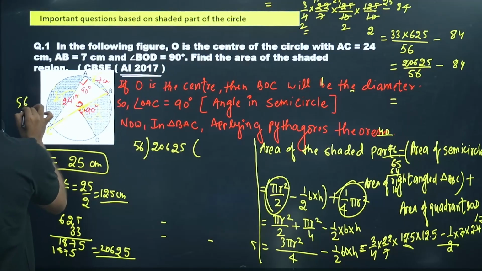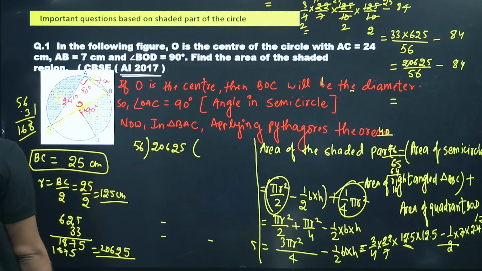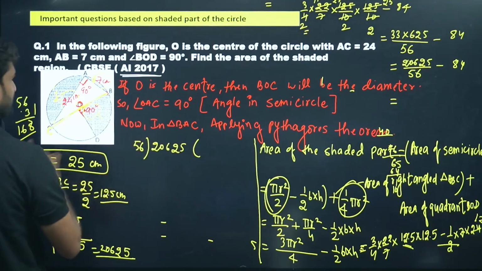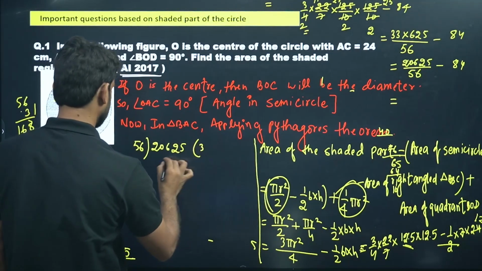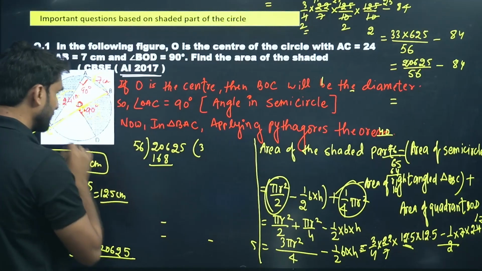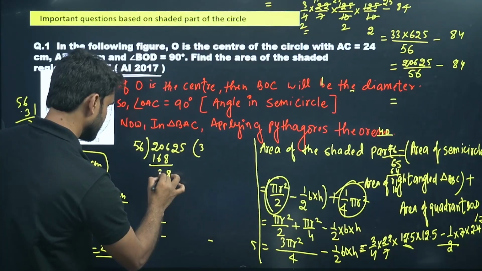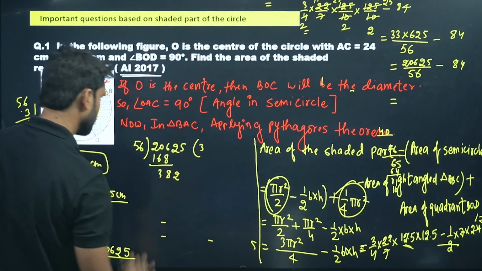5, 6, 3, 18, 1, 168 we can take, because 56 4 times is the larger number. So 3 here, 168 will be there. Okay, so 8 will be there, 6 will be there, and 2 will be there.